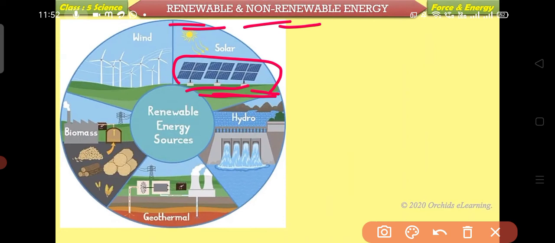So we get fuels like petroleum, diesel, and kerosene, and these are called non-renewable resources.